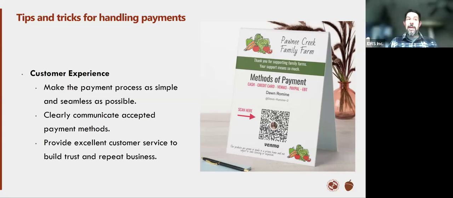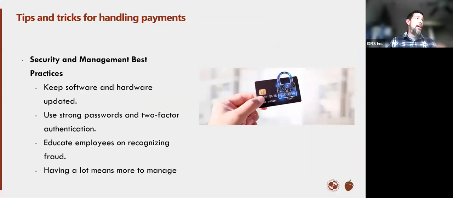That they're able to pay a number of different ways, and maybe have all the different logos there, so it's very visible. So that's one of the things that we want to do, right? It's not just offering that we accept all these different payments, it's that we have to communicate that to the customer as well.